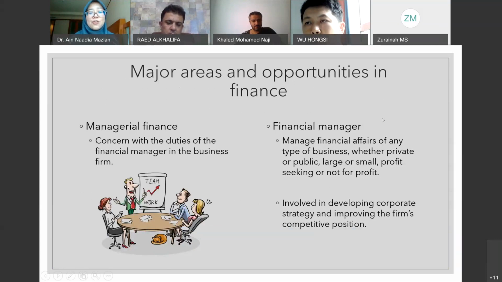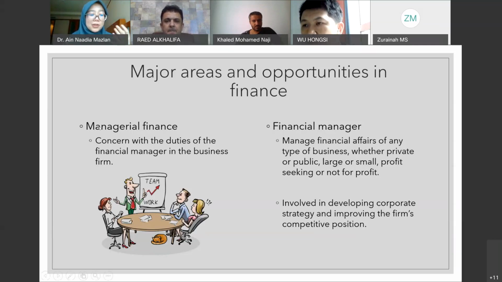The financial manager here means the ones who are going to learn about accounts, the ones that take an MBA and all that, handling the financial affairs of any type of business, whether private or public, large or small, profit seeking or NGO, involved in developing corporate strategy and improving the firm's competitive position.